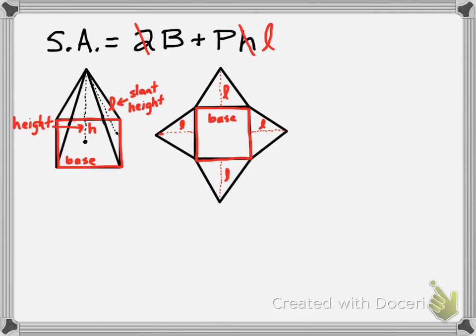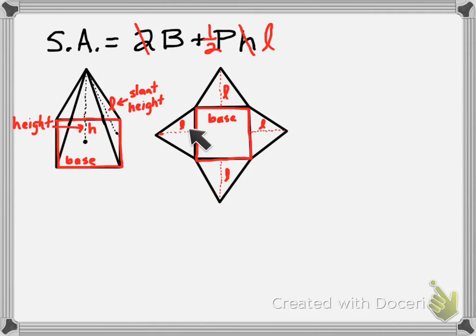All right, but one more thing. What shape are the sides here? Like I just said a second ago, they're triangles. So do we find triangles by doing length times width or perimeter times slant height? No. There's one more thing you have to do. You have to take half of it because it's a triangle. Okay, now the same idea works.